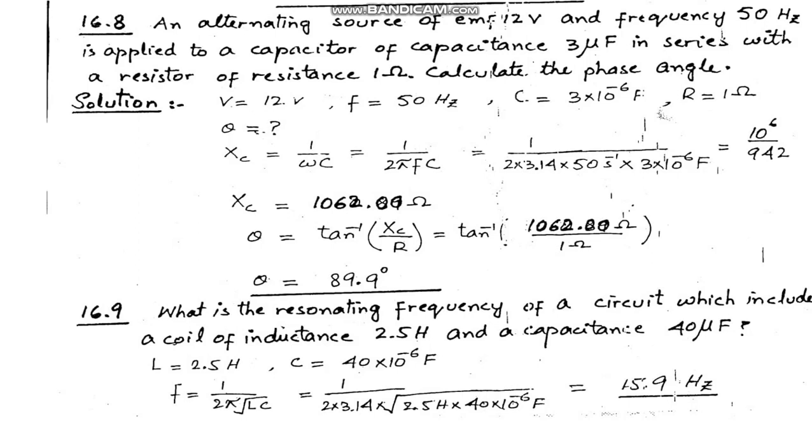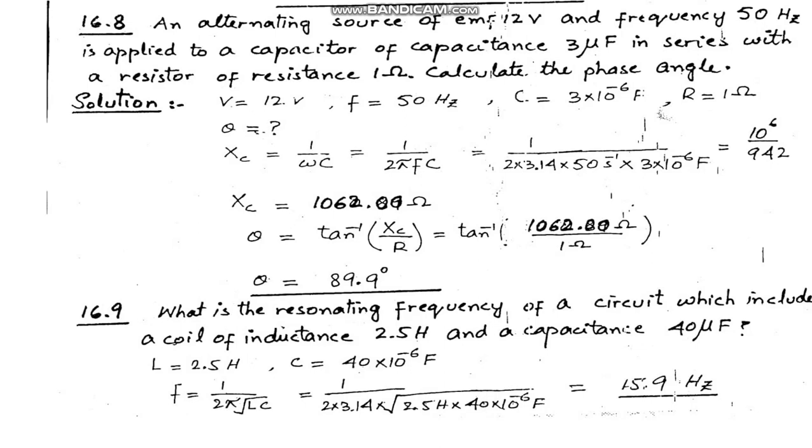After solving these values by using the calculator, we get the answer Xc is equal to 1062.00 ohm. Now the phase angle theta is equal to tan inverse Xc over R. Xc has a value 1062.00 ohm dividing by 1 ohm, we get the answer theta is equal to 89.9 degree.